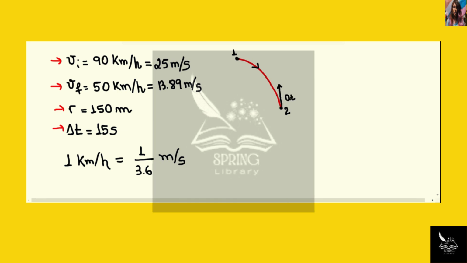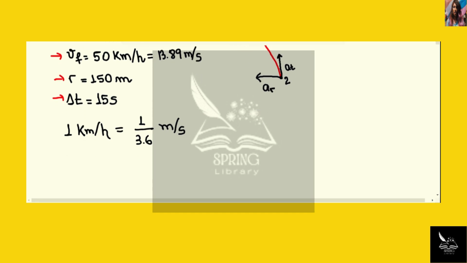I'm going to call it AT, and it's pointing in the opposite direction of the motion, because the train is slowing down. It also has a radial acceleration AR, since the train is changing direction as it moves. And we can calculate both of them.